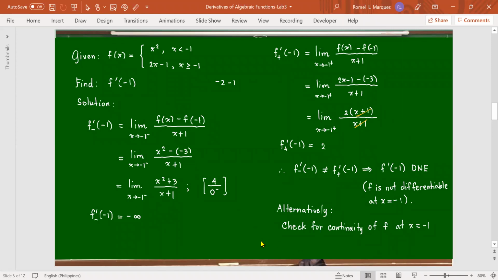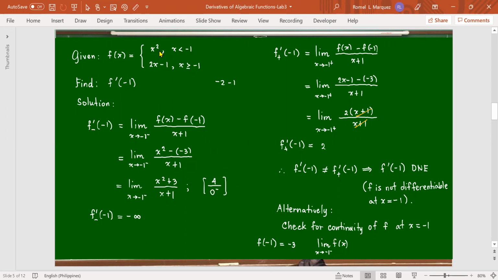What is the value of the function when x is negative 1? It exists, and that is equal to what did we get? Negative 3, right?